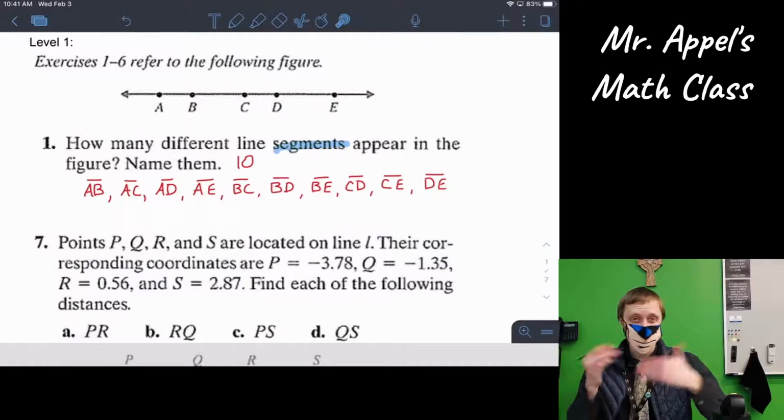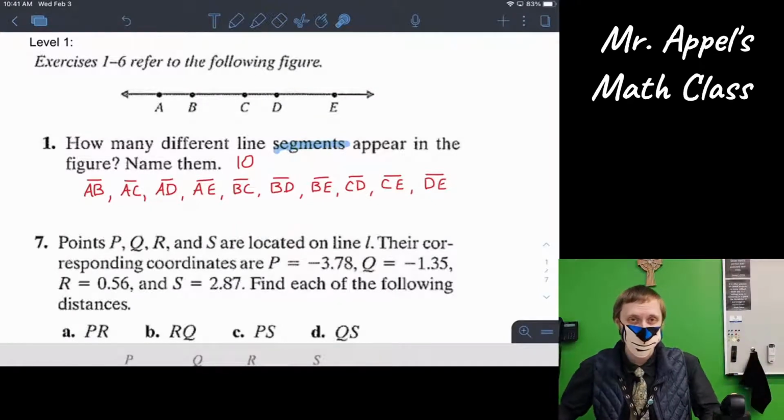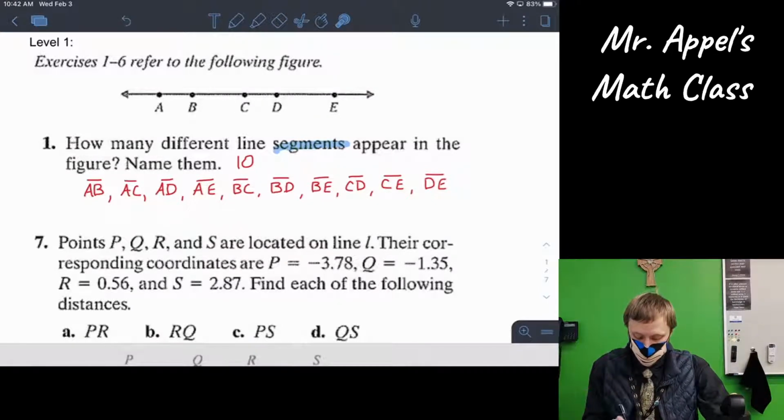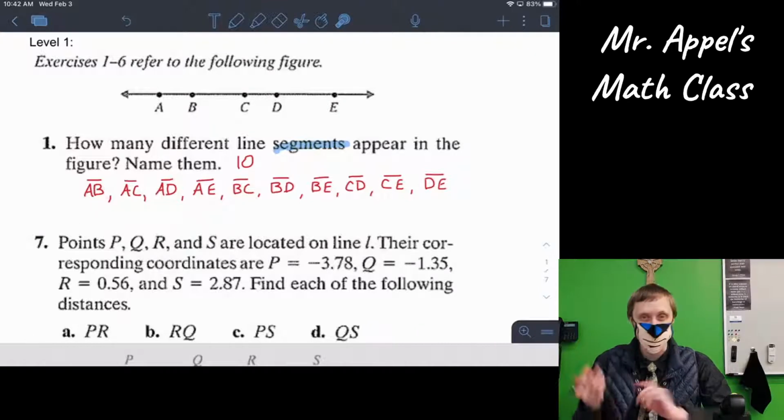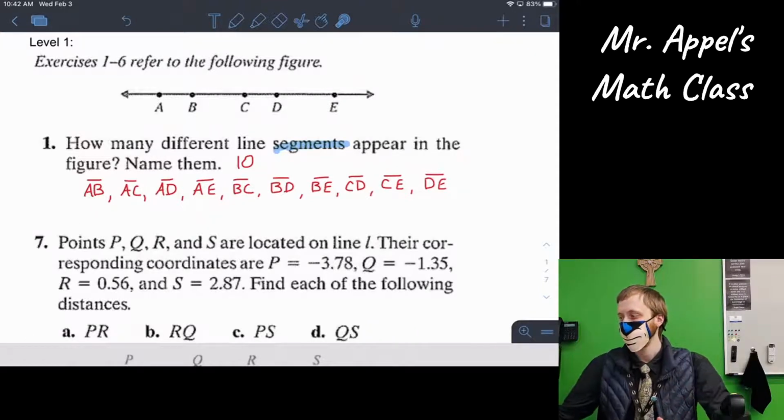It's every possible combination of the letters. It's basically the handshake problem, right? AB, AC, AD, AE, BC, BD, BE, CD, CE, DE. You never have to repeat one because AB is the same as segment BA, so you can reverse the name at any point. Okay.